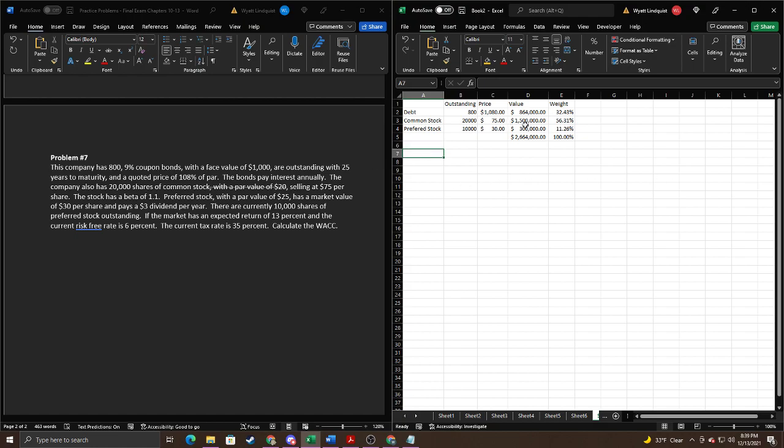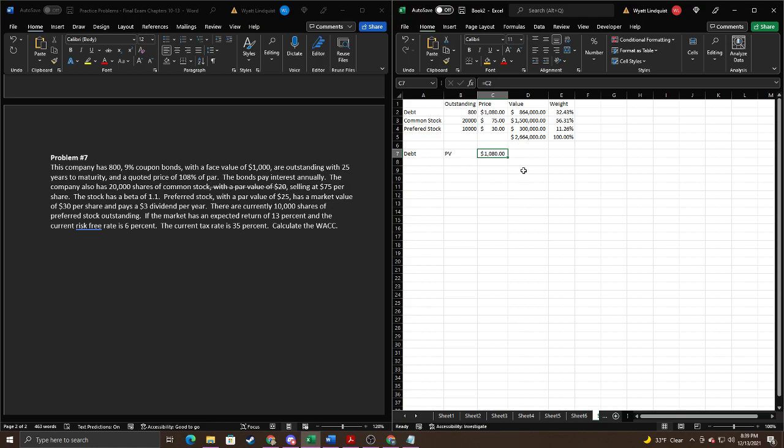All right, so now that we know the weights of each, now we need to calculate the price of each financing. So we're going to start with debt because that's the first one we were given. And so the price of debt, well, let's start from the top. We have the present value here.